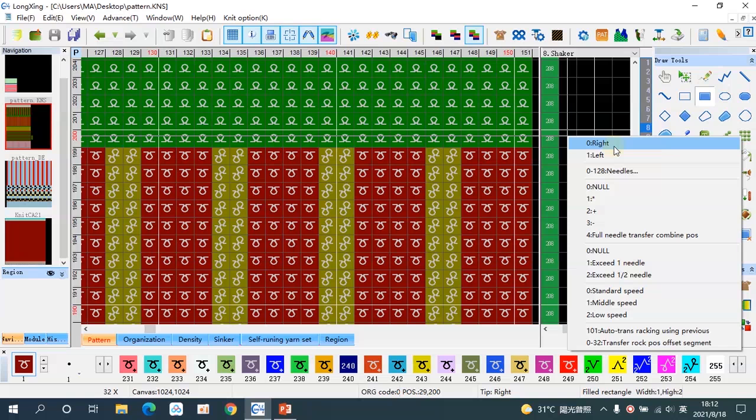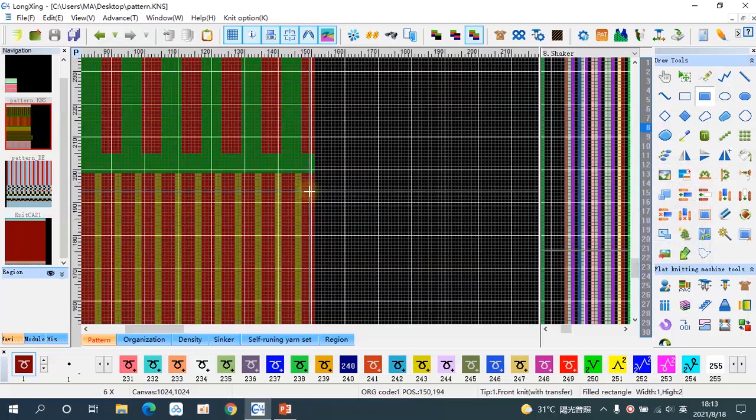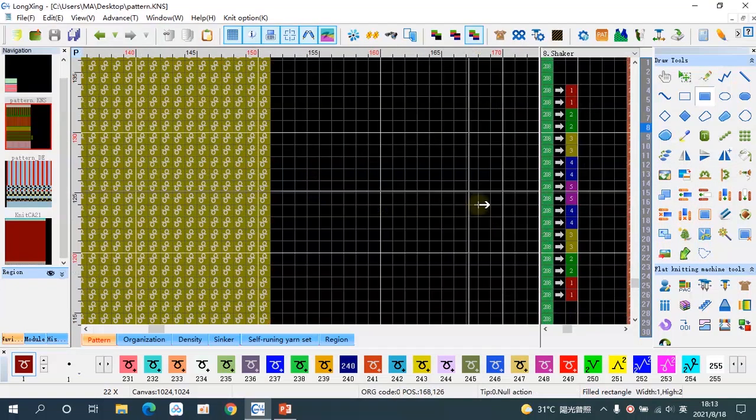Now the color 0 is right set, color 1 is left set. The default is color 1. The second row is set the number of needles. Click, then input the number of racking needles. Generally, it's like this. Now you can see.